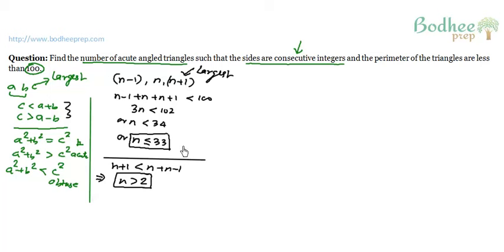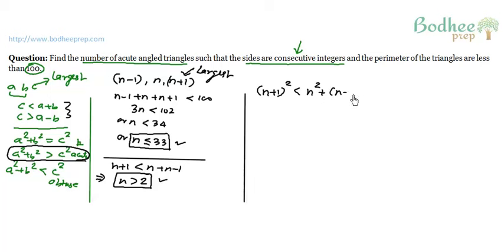Using these two constraints over n, we eliminate those values of n for which the triangle is not possible. Now let us apply the other condition, that for an acute angle triangle, the square of the largest side, which is n plus 1 here, should be less than the sum of the squares of the other two sides, which is n squared plus n minus 1 squared.